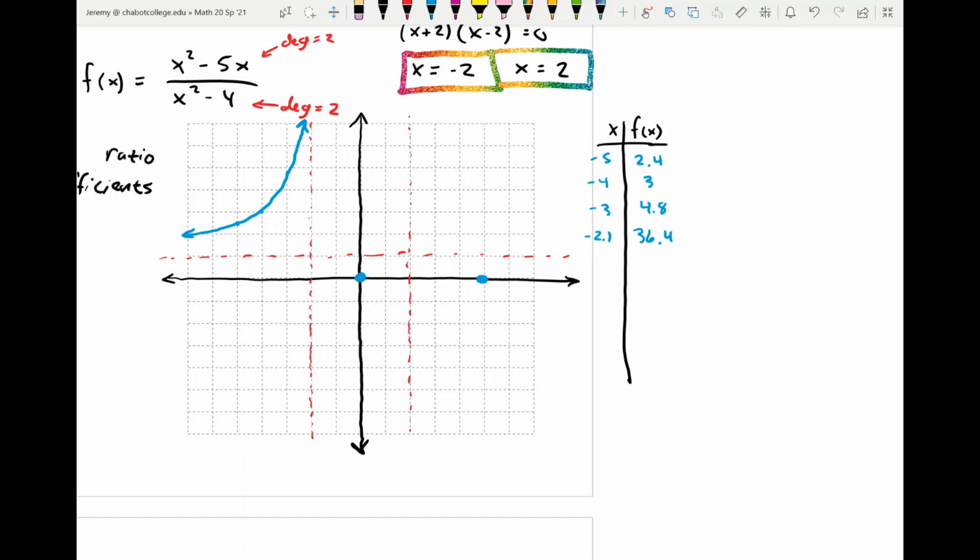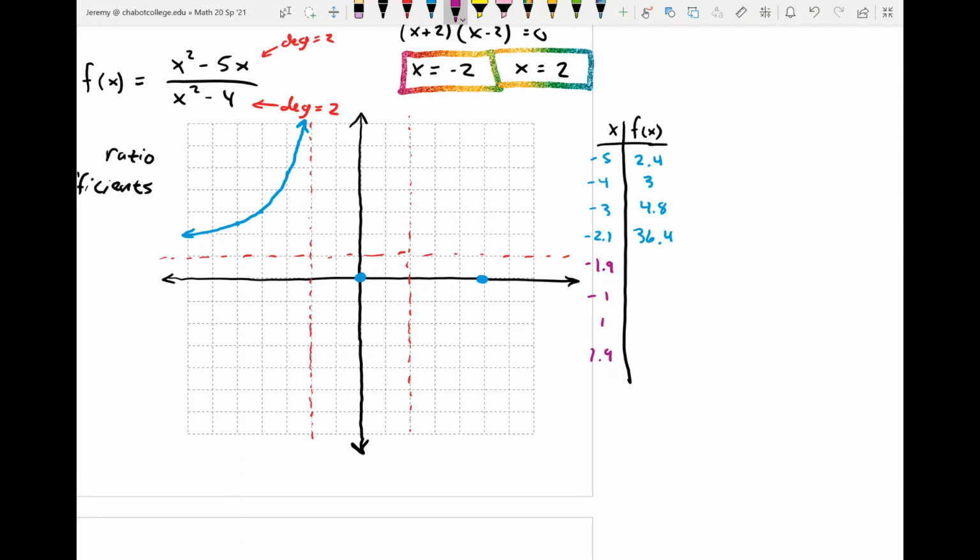A number a little bit bigger than -2 is -1.9, so I'll plug that in. Then I'll check -1, 1, and 1.9. I hope you're seeing the strategy. It's a unique approach to the table of values: when we have asymptotes, we want to pick values that are really, really close so that we can tell what the behavior is there.